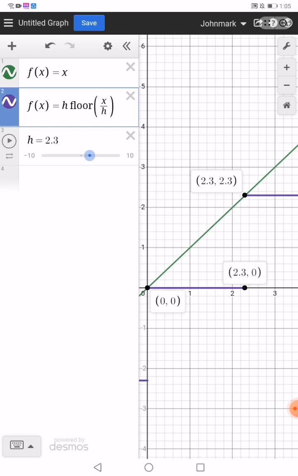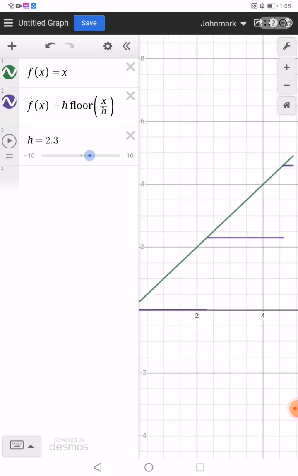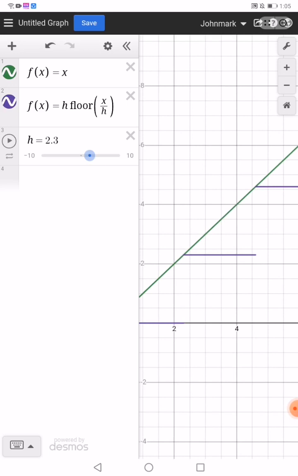The interval is from 0 to 2.3, and it will jump. The next value it will move to is 4.6 right here, and it will try to reach 4.6 above.